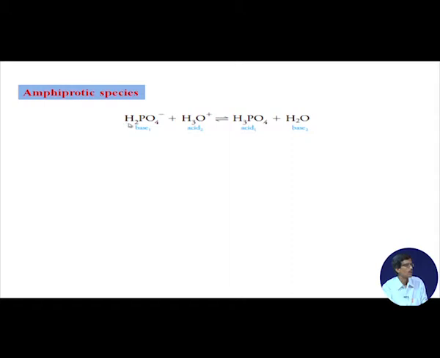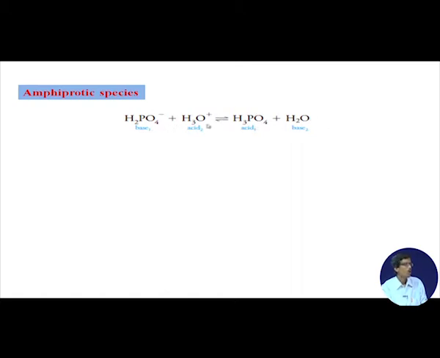So, you see the anion we are taking is H2PO4 minus. This H2PO4 minus has been derived from phosphoric acid. This phosphoric acid derived anion is now reacting with the hydronium ion, which is derived from water, giving rise back to these two things.